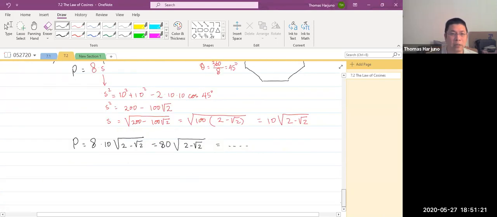The second possible question is, how about the area of that stop sign? The area of that stop sign equals 8 times the area of such a triangle, which is 8 times 1/2 the product of two sides, both of them radii, times sine 45 degrees.